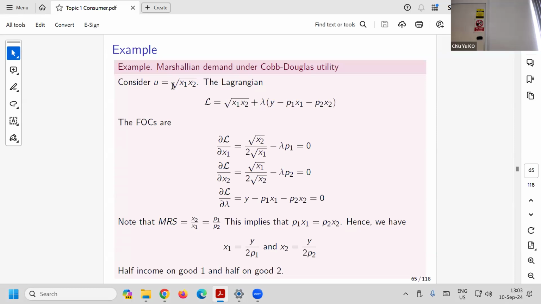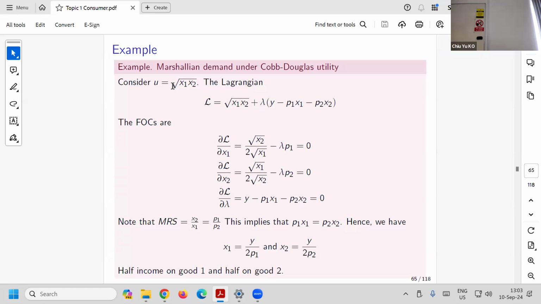Or equivalently, the amount you spend on good one is the same as the amount spent on good two, okay? Because they're symmetric, you will not be surprised. They spend the same amount on the two goods, okay? And because they have to use up the whole budget, that means you would spend half of your money on good one, half of your money on good two, right? So that gives the quantity of good one and good two. Okay, so this is how we solve it.